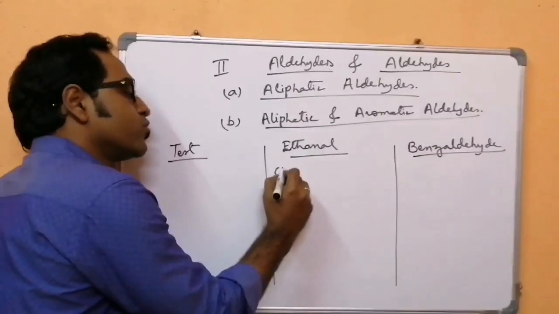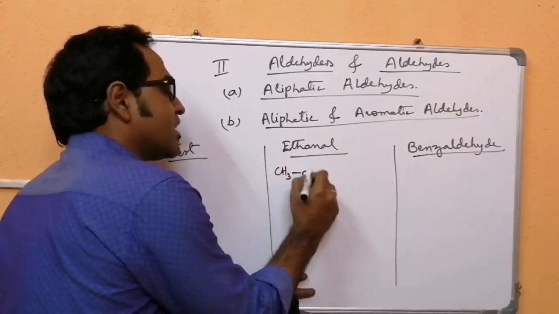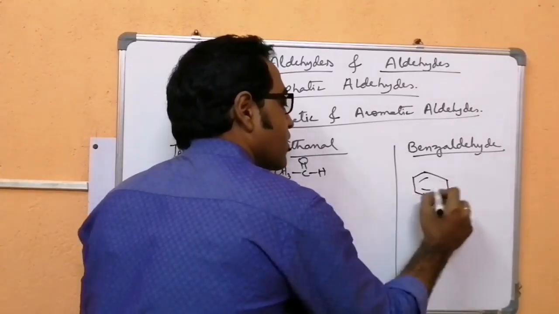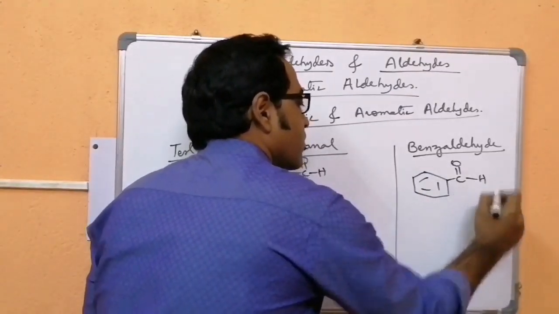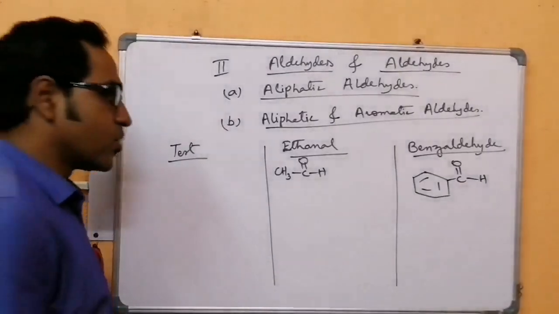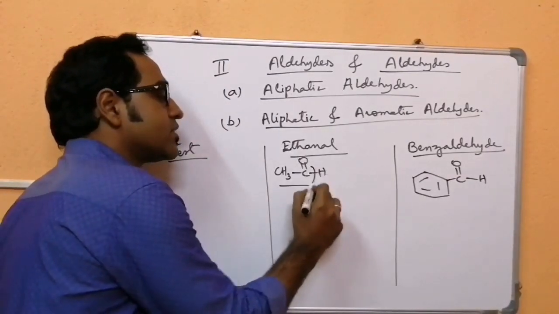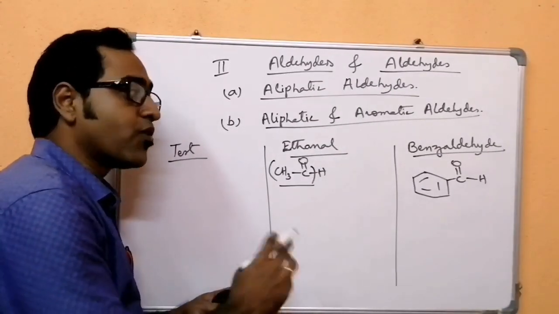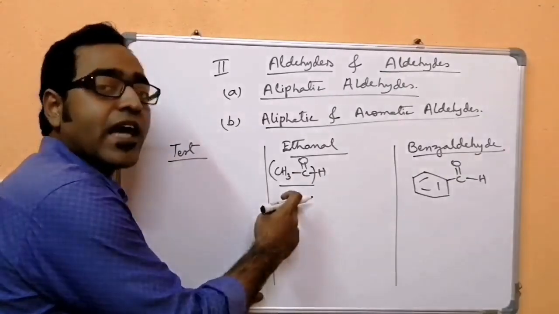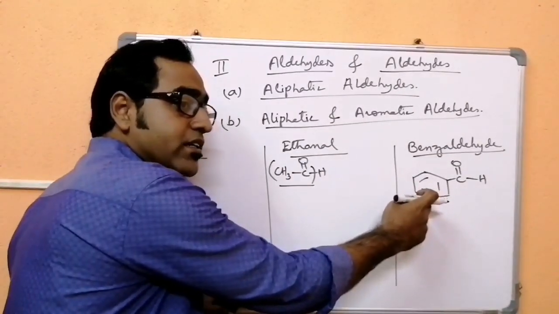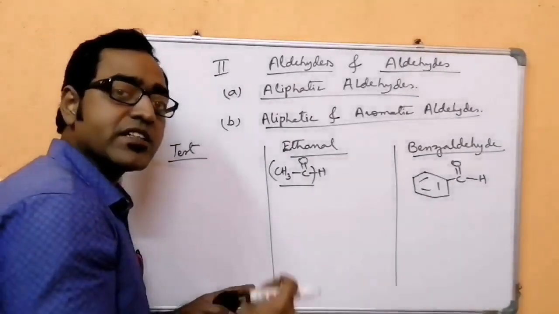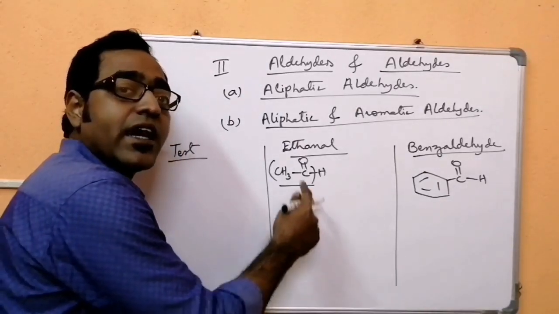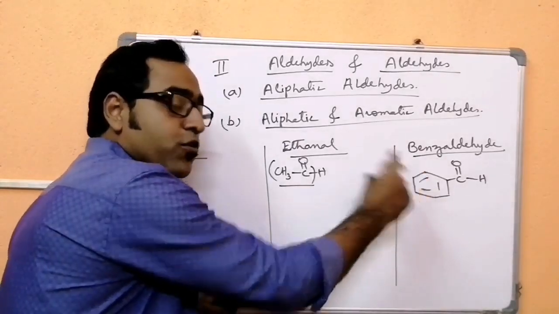now what test are you going to do for ethanal and benzaldehyde? One test you can do is the test for ketomethyl, that is the iodoform test. Now apart from the iodoform test, what else can you do? You can see one is an aliphatic aldehyde, another is an aromatic aldehyde. So here we will do the Fehling test. Fehling test is the test which is given only by aliphatic aldehydes and not by aromatic aldehydes.